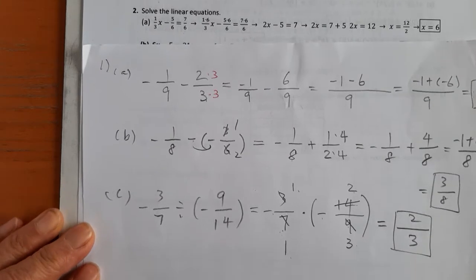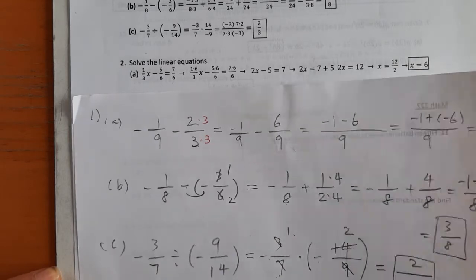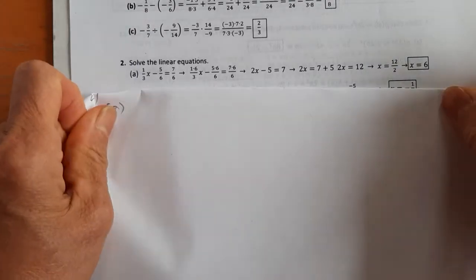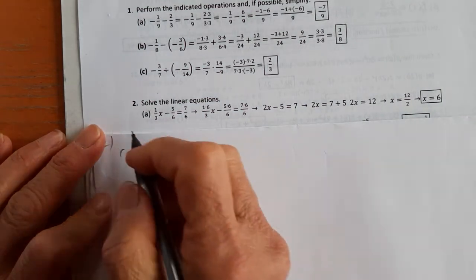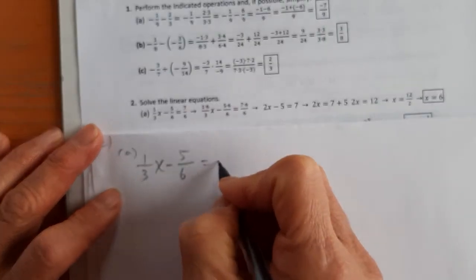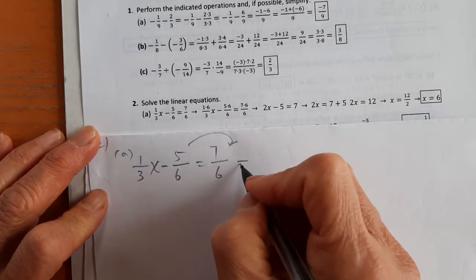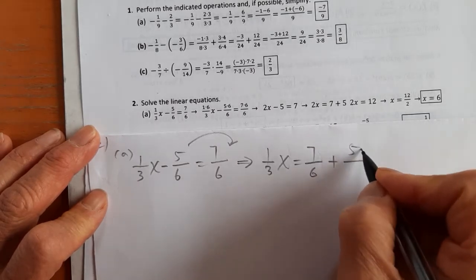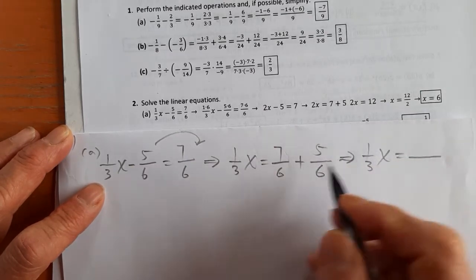Question 2, A. Solve the linear equation: 1/3 x minus 5/6 equals 7/6. We move this to the right side: 1/3 x equals 7/6 add 5/6.